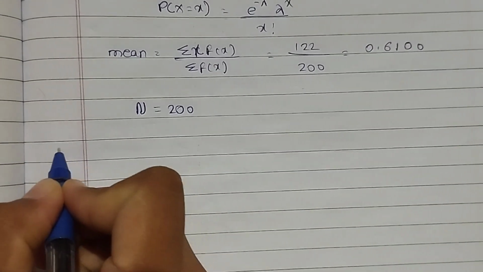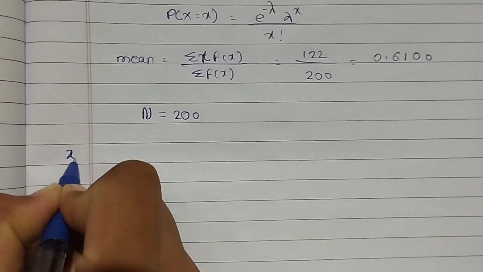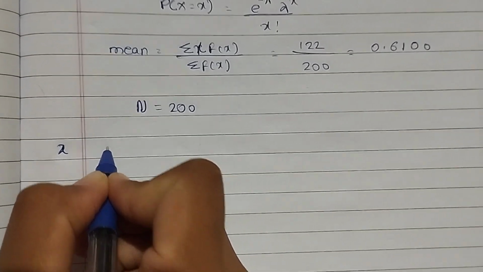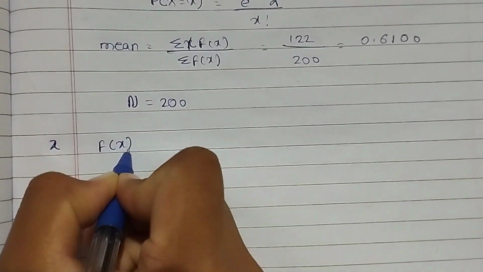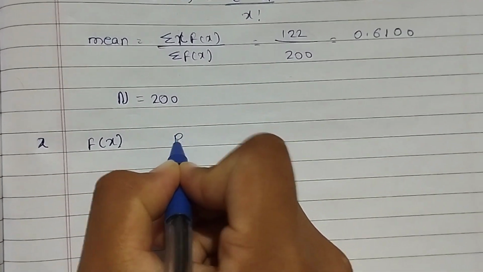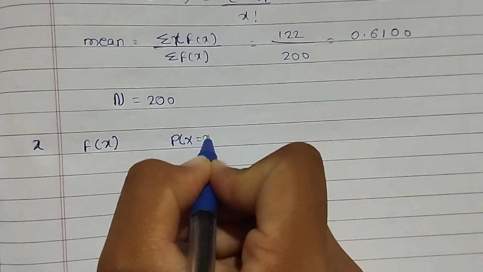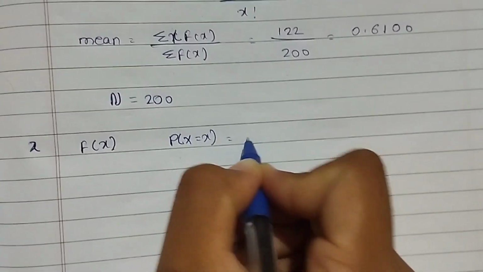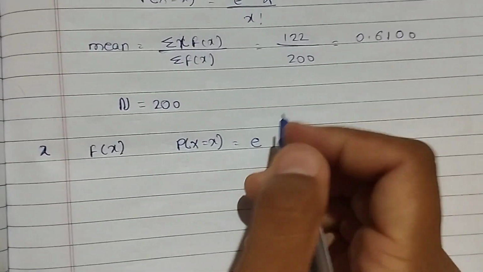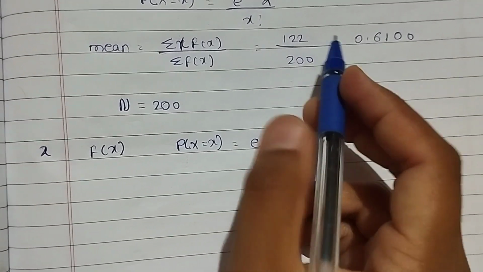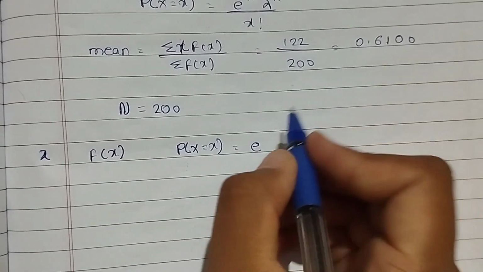Now we fill all the columns. So here we first take the value of x, the second column for the f of x, the third one for the probability, P of x is equal to e raised to minus lambda, and we now know the value of lambda is 0.61.